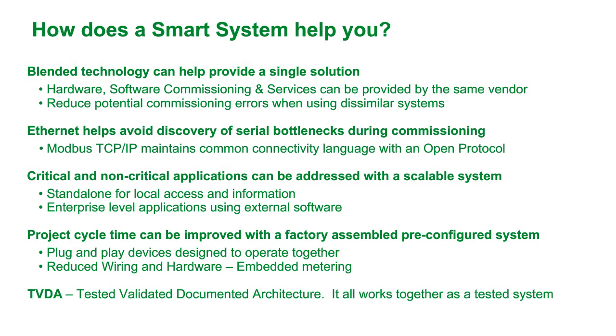It really helps to have those pieces that operate together. It also helps to have other factors like reduced wiring and hardware requirements. The embedded metering piece is another part of that. So from a project cycle time standpoint, a lot of those pieces can be improved by having pre-configured, ready-to-go communication systems.